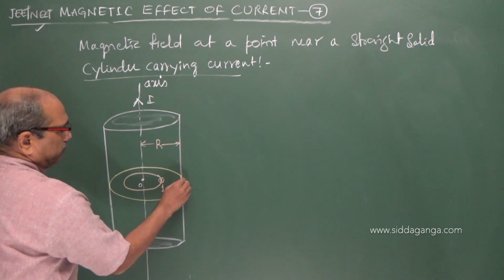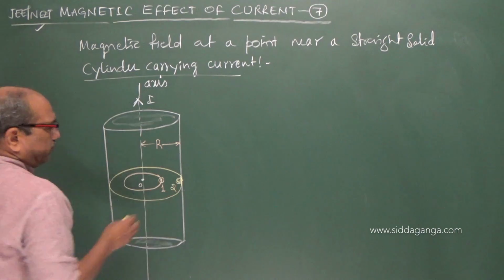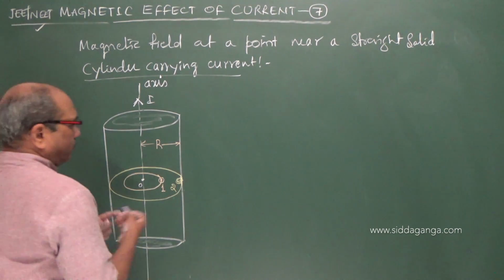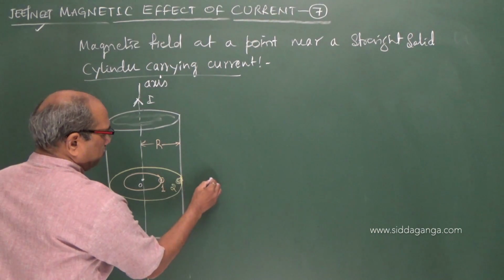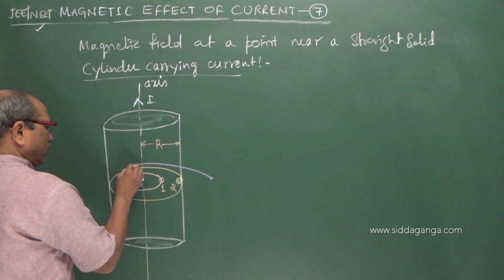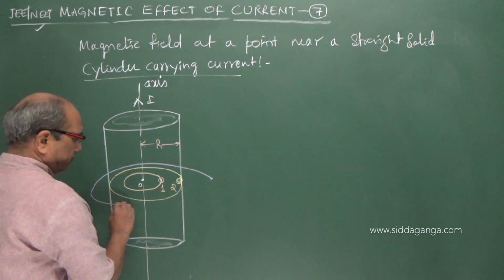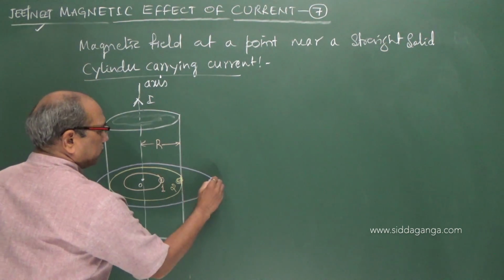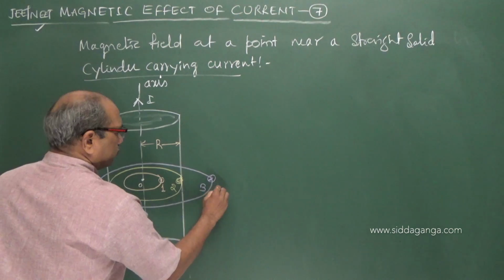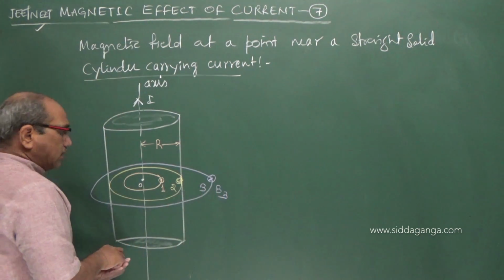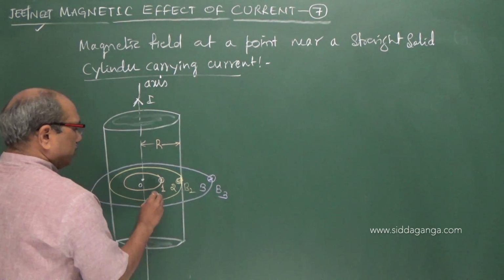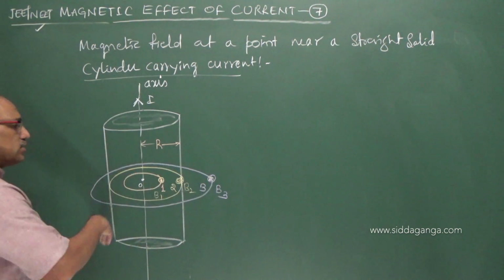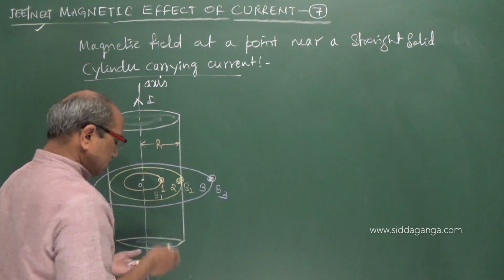The third one is still further outside, another point. So B3, as here it is B2 and B1 at different points: inside, at the surface and outside.